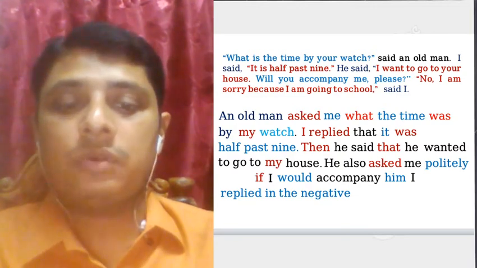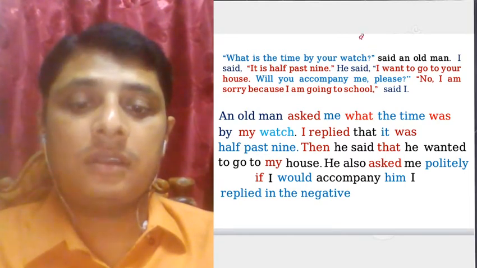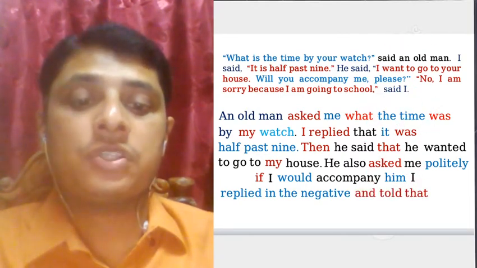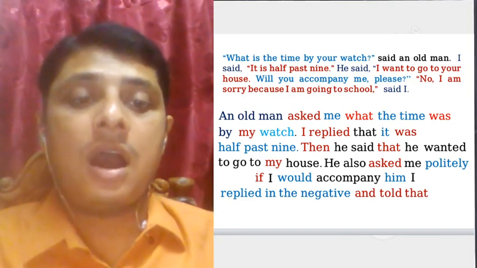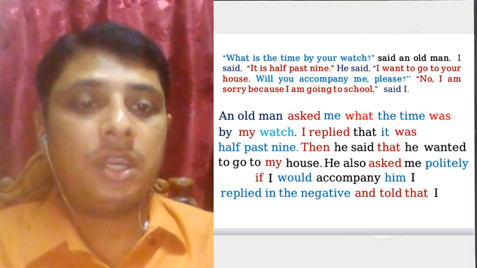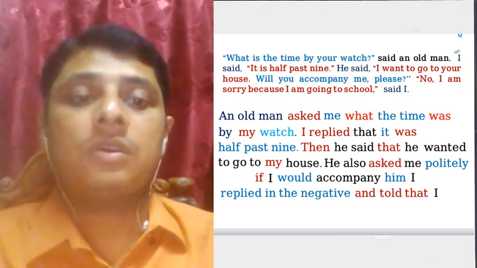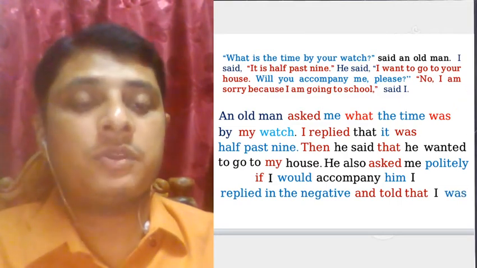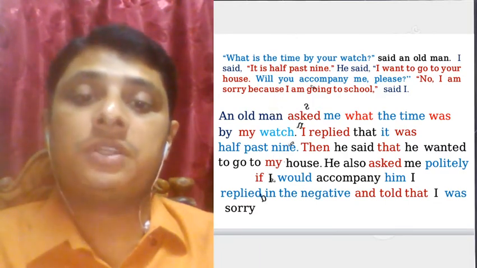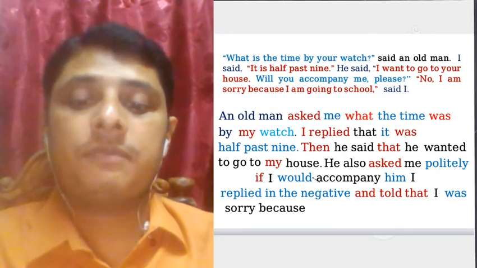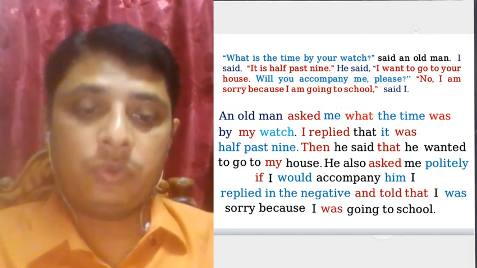So I replied in the negative, and then added that, or told that, or said that. Said that I, because here I am speaking, am transformed into was: sorry because I was going to school.